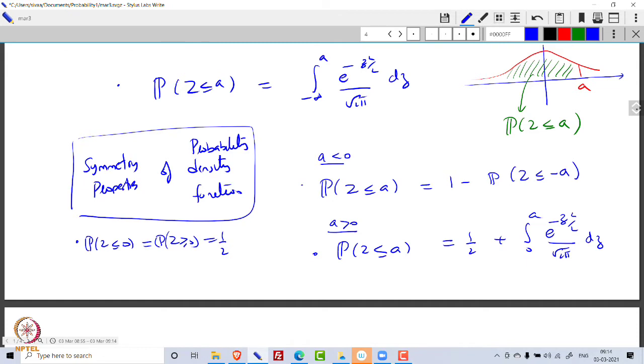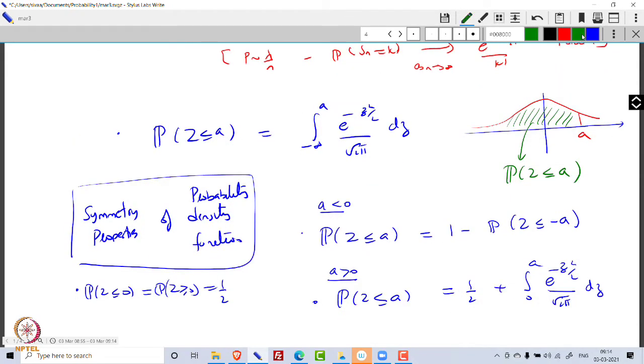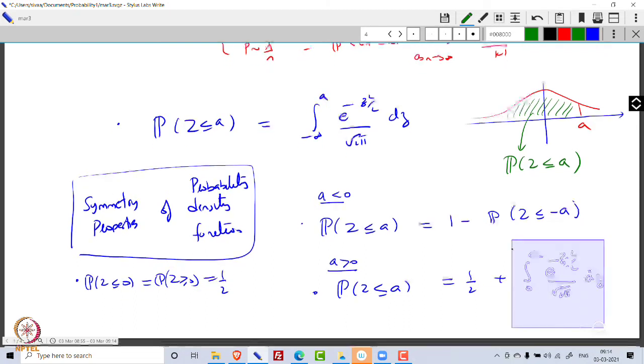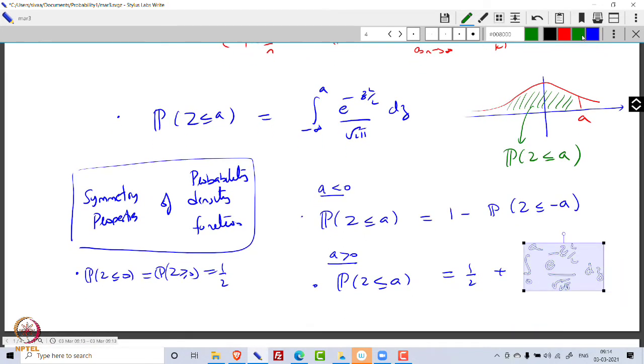And then I tried to convince you that since I couldn't do the antiderivative for this, if I knew all the values tabulated from the table for positive A's, I could get everybody. That's how I would compute the distribution function.